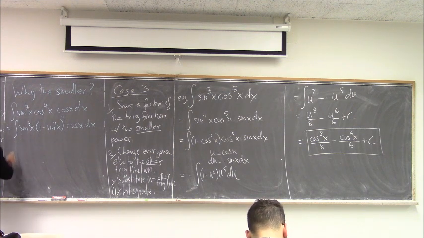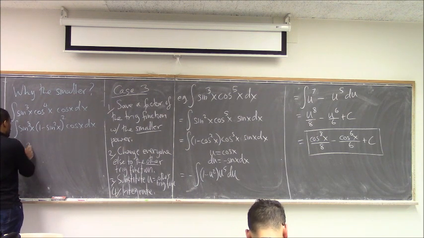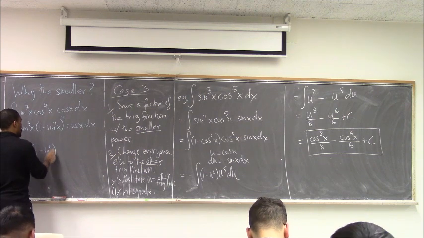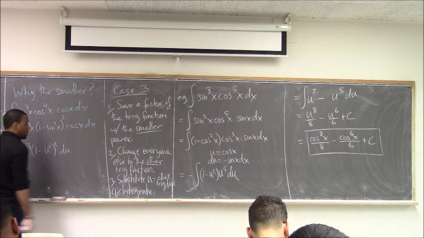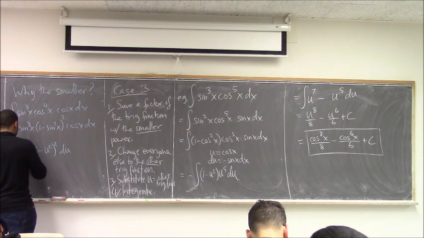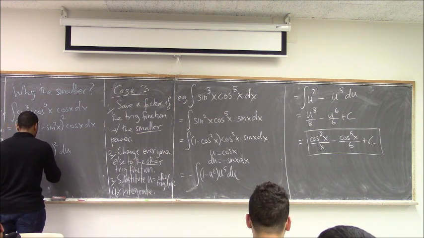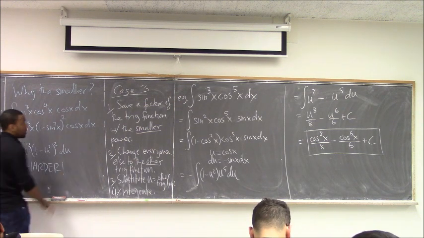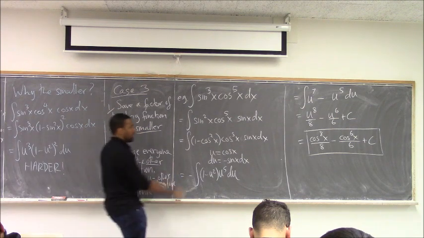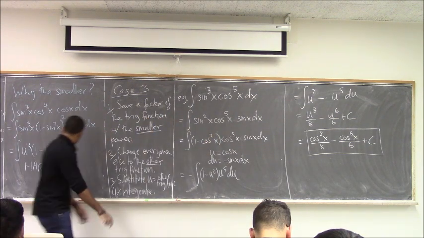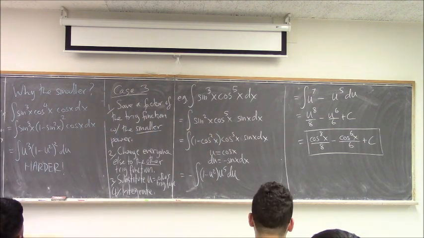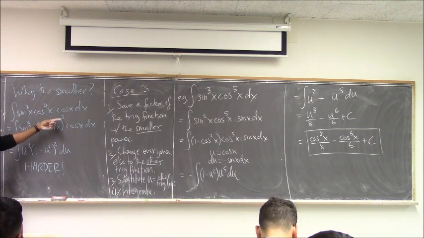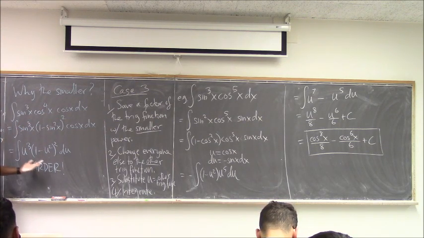Then you do a u substitution, so I would end up with u cubed 1 minus u squared squared du. And you'll notice that this is harder than the last one, because here I didn't have to expand this square, whereas here I do. Turns out that if you save one of the bigger powers, it means more expanding, right?